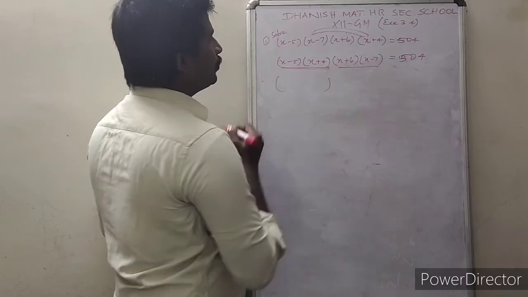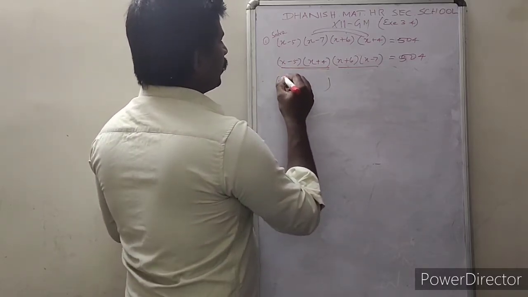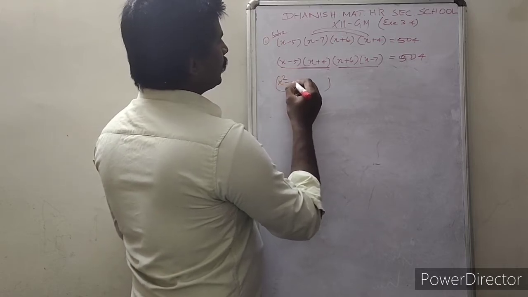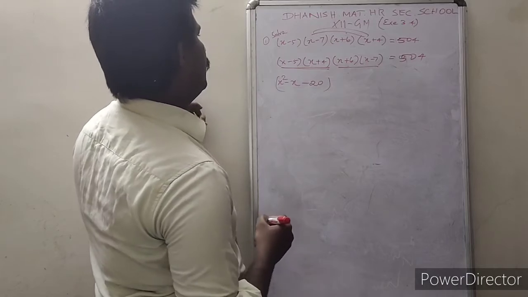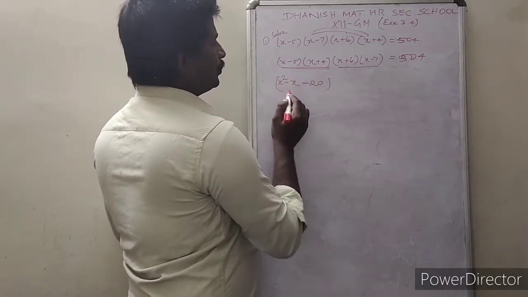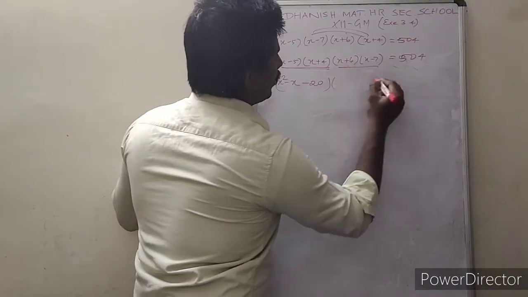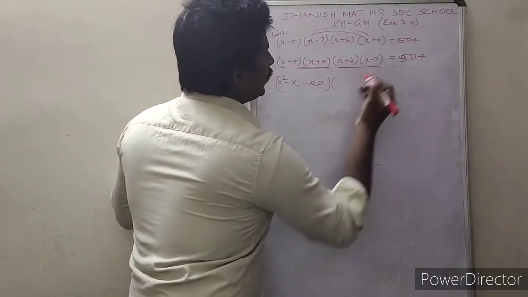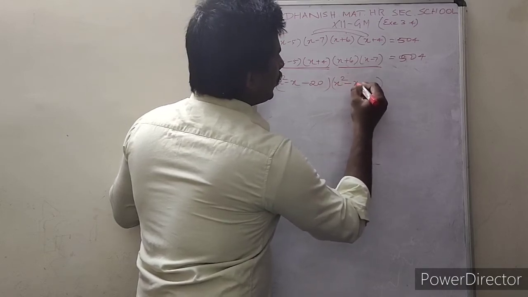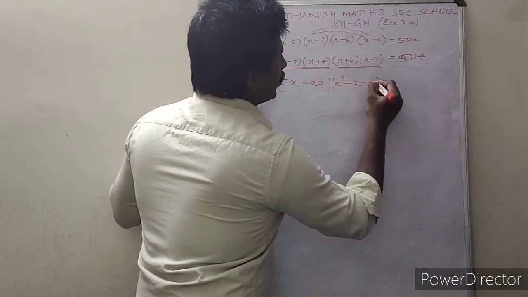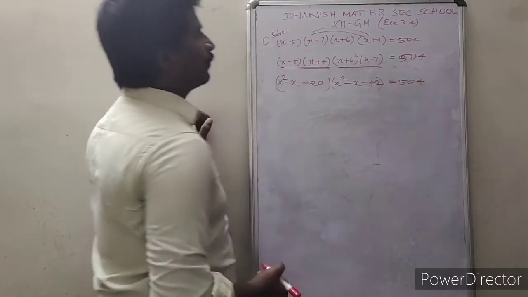If I multiply these two, what will we get? x square minus x minus 20. If we multiply these two, we will get x square minus x minus 42, equal to 504.